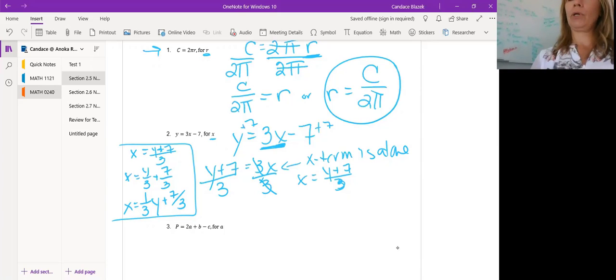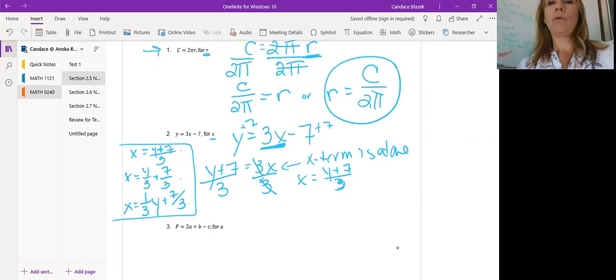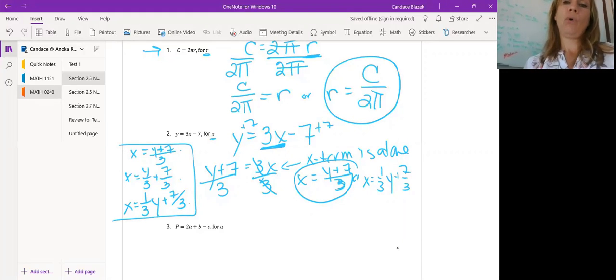And any of these 3 equations are acceptable. But I want you to just pay attention to what they're saying in my math lab, because they may ask for this form, or they may ask for 1/3 y plus 7/3. Just so you know that you could be asked for different forms.